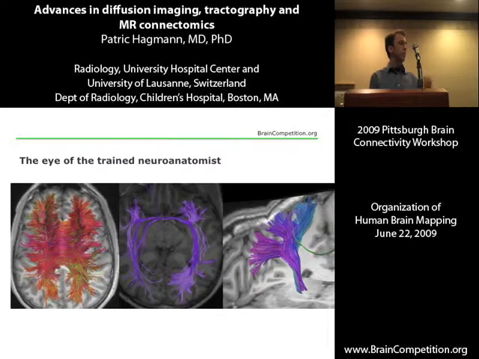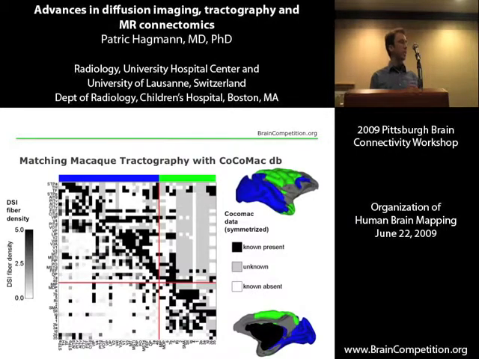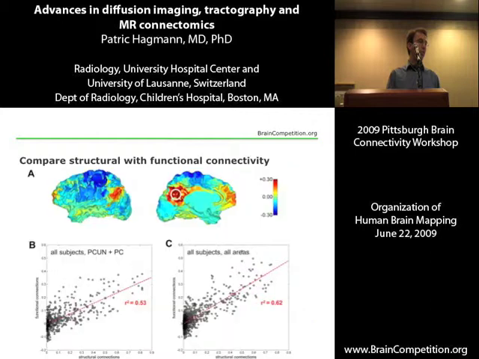Or do we need to do acquisitions in the macaque and compare them to some database of fiber tracing studies like CoCoMac? Or do we want to compare structural connectivity with functional connectivity in order to get a sense of whether we are doing a good job?